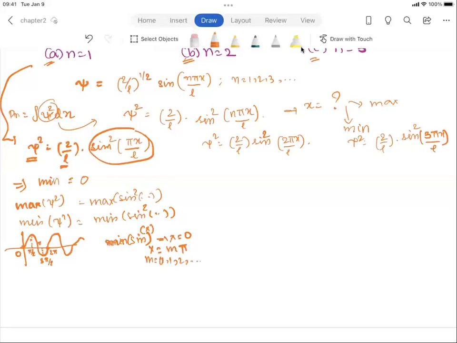So for multiples of pi, if you have sine of x, when x is a multiple of pi, you're going to have sine of x equal to 0. So that's the minimum value a sine squared function can take.